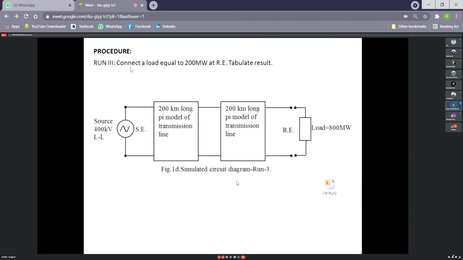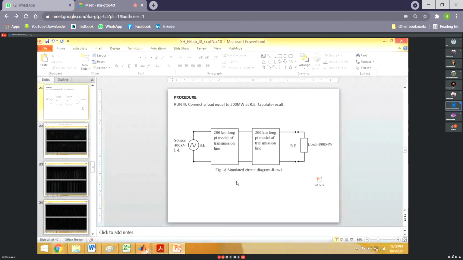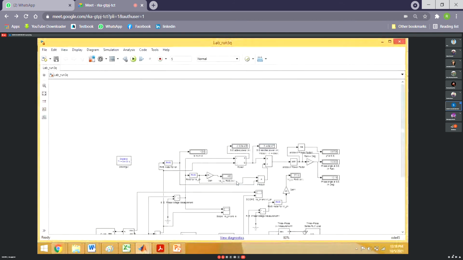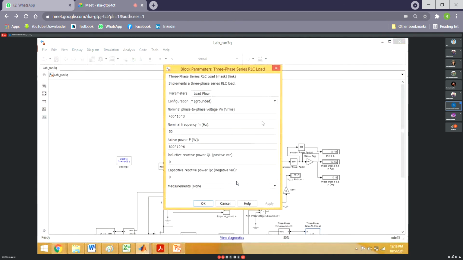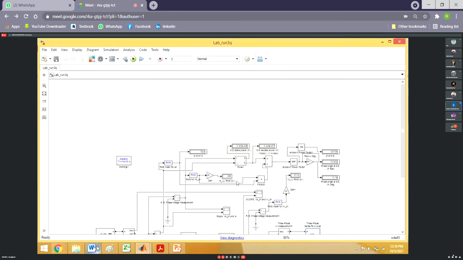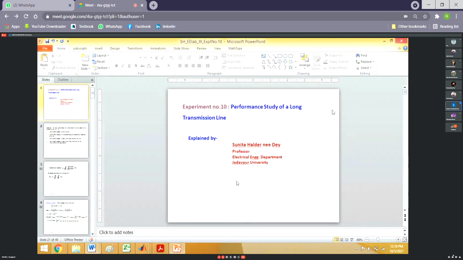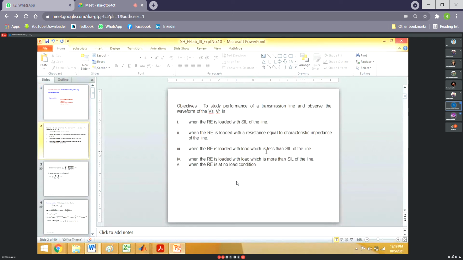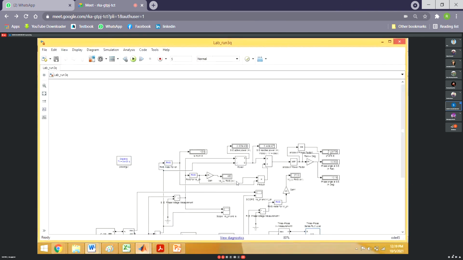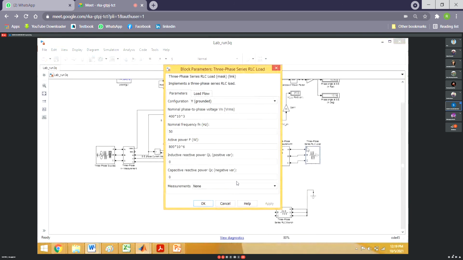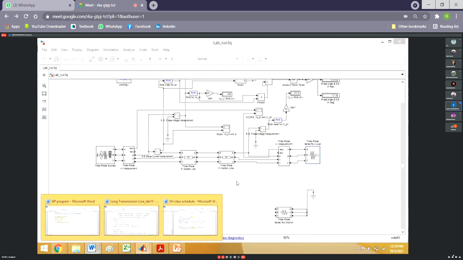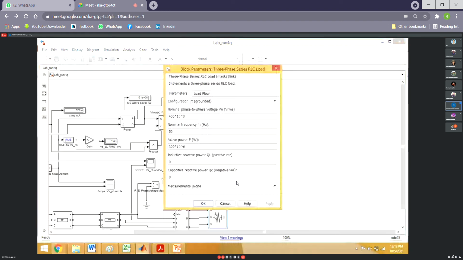Run 3, connected load equal to 200 megawatt. Not 200, I have connected 300, I think. Run 3 is 800, more than SIL. What was in run 3? More than SIL, na? Load is less than SIL. Okay, let me see. Run 3 and run 4, I interchanged maybe.